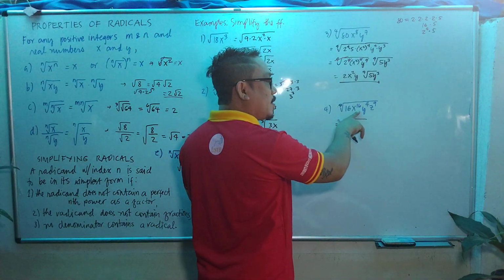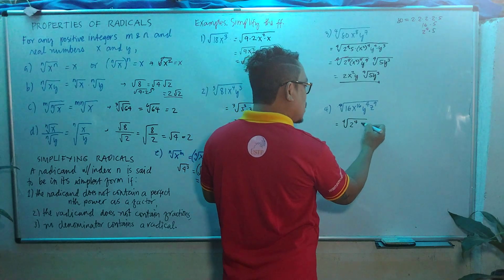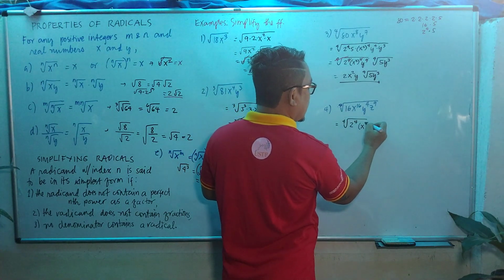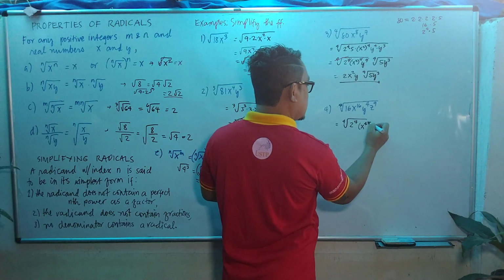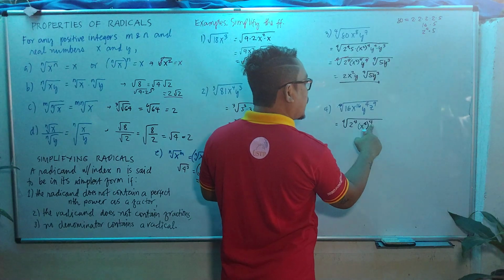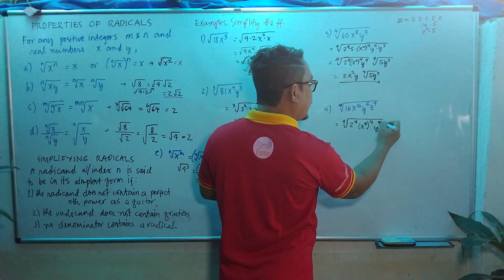How about x to the power of 16? That is x to the 4 to the power of 4, because 4 times 4 is 16. Then y to the 4th.